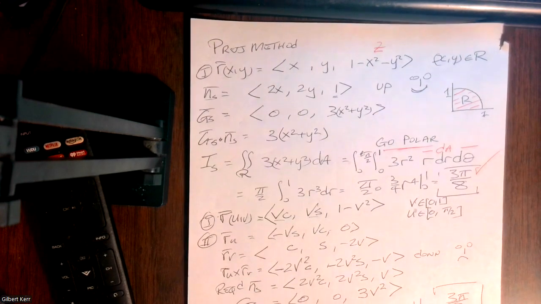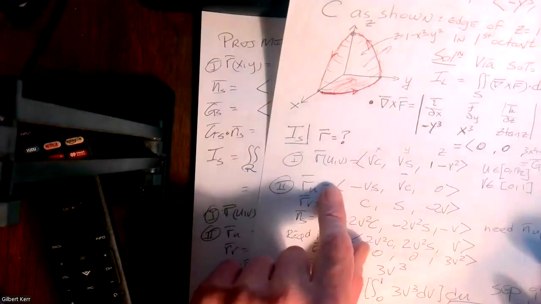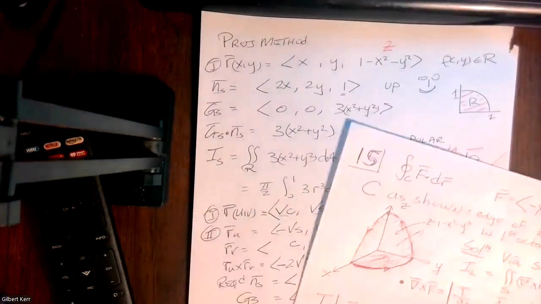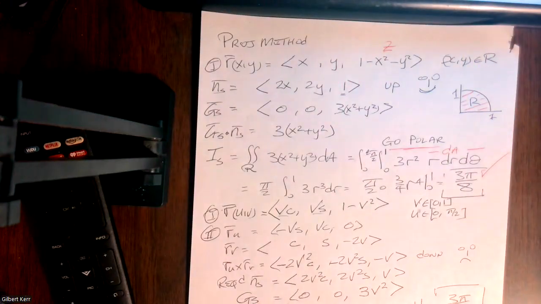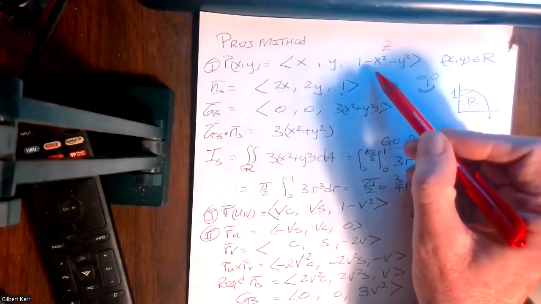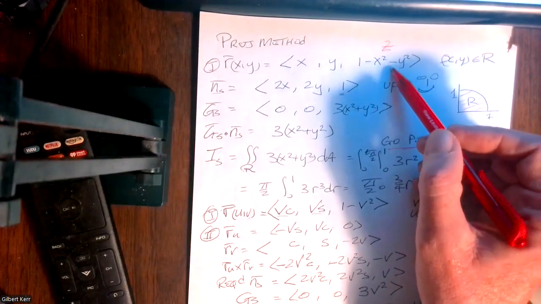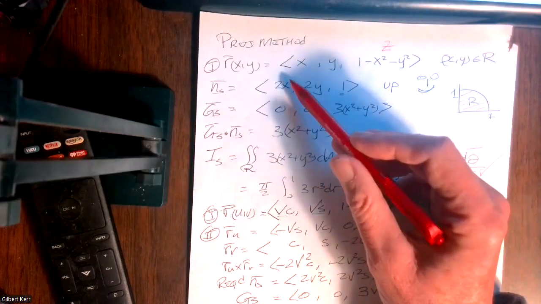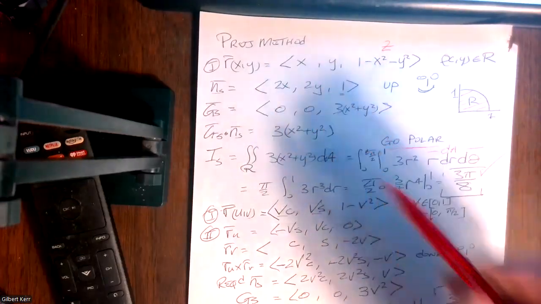But if you're still listening, one of the reasons why I tend to, in general, prefer this type of parameterization for these paraboloids and cones, etc., is that if this is a cone, this changes to 1 minus the square root of this, and then these are no longer as nice as they are.